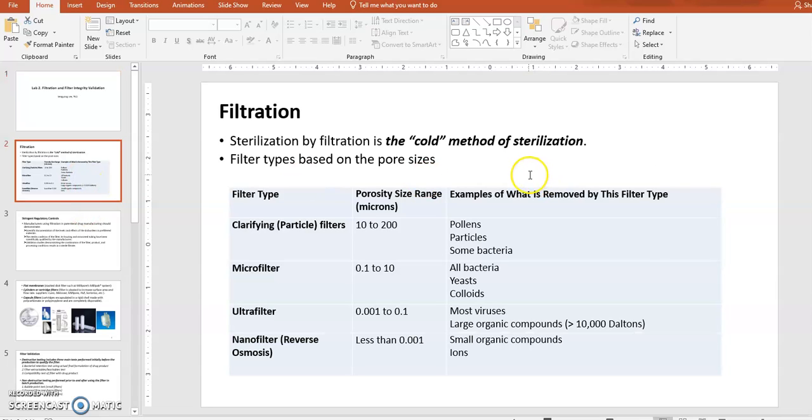Okay, so filtration is very important because it is one of the main sterilization methods during the drug manufacturing process. Think about the main ingredient, the API. Mostly, those are biological molecules, and many of those biological molecules are very susceptible, prone to damage if we use different kinds of sterilization methods like heat, maybe steam heat.